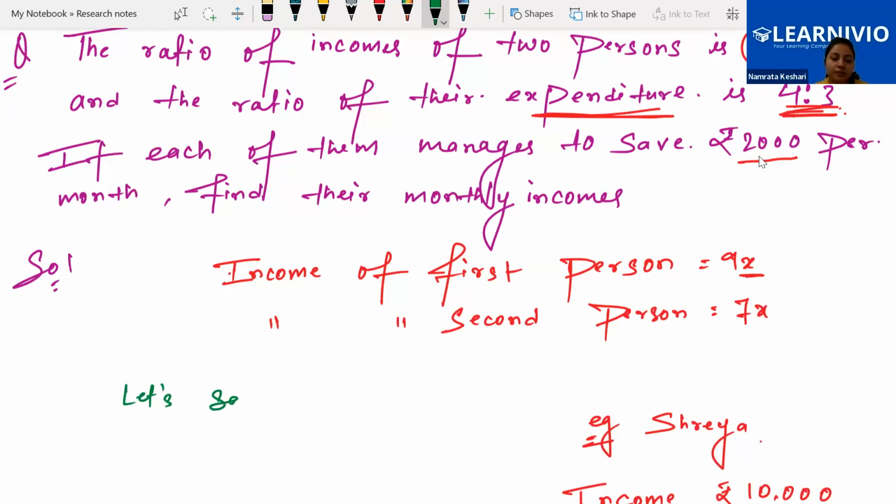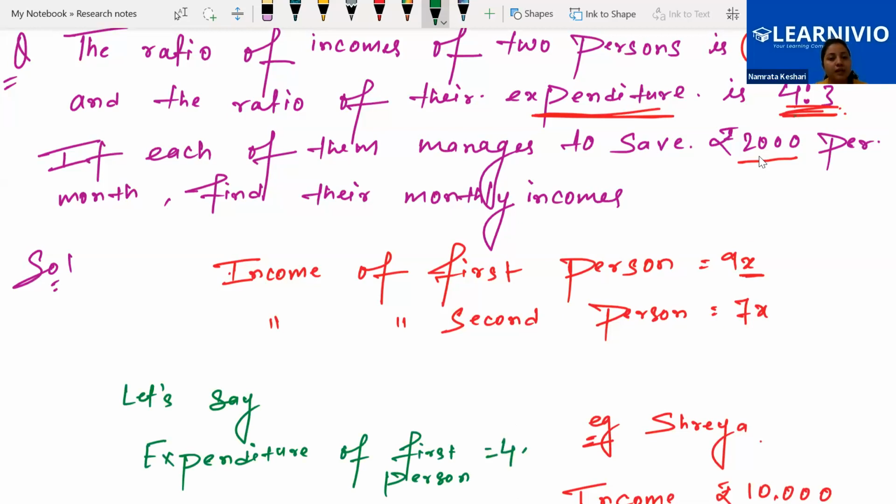Let's say expenditure of first person is 4. We cannot say it's 4. We can say it's 4 multiplied by a common number, which is there in the numerator and in the denominator also, which has been cancelled out.